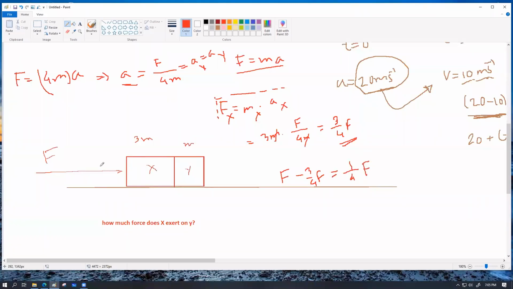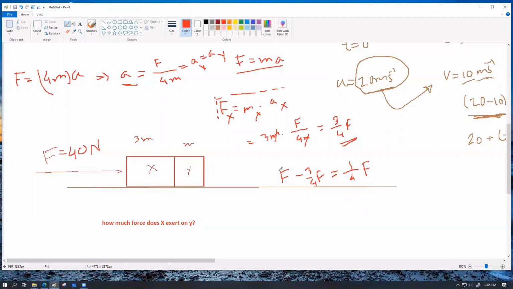Let's say you are applying a force F of 40 Newton. I'm choosing 40 Newton because it's a good number; we can very easily divide it by 4. If F is 40 Newton, object x is going to use 30 Newton out of it because that's the fraction 3/4. And how much should remain? 10 Newton. It is going to exert 10 Newton force onto this object.